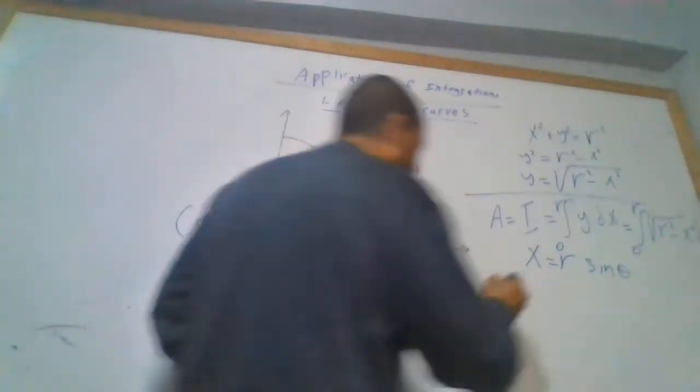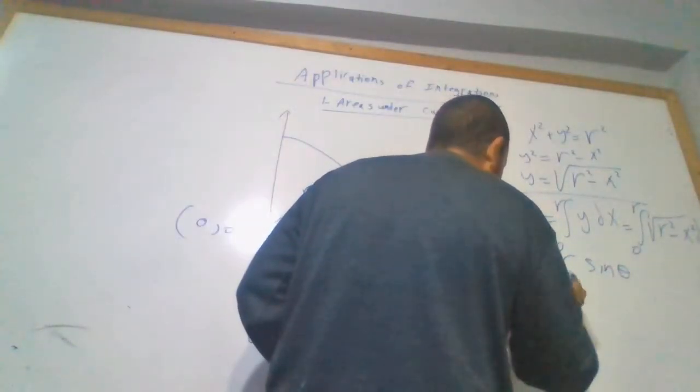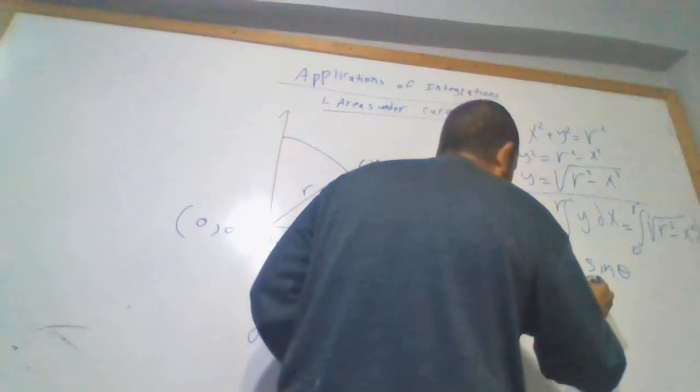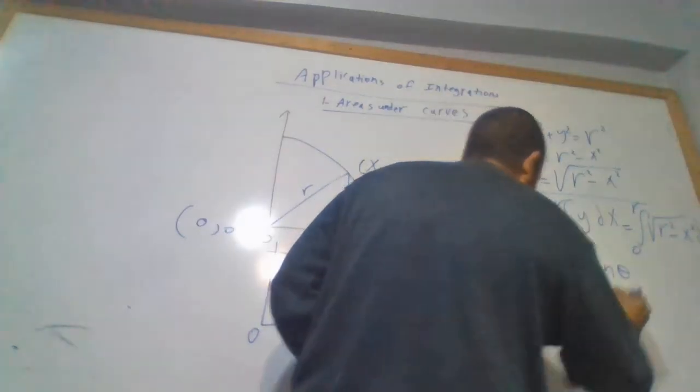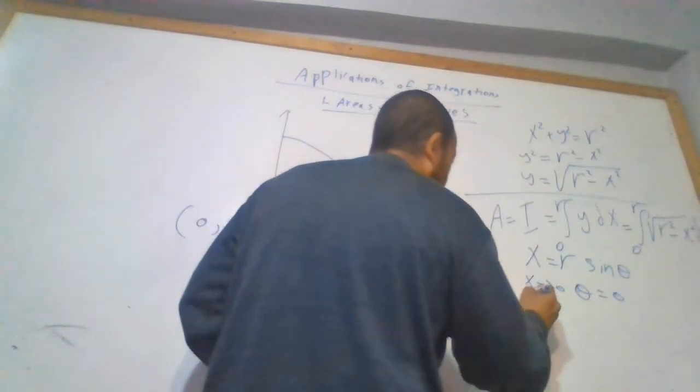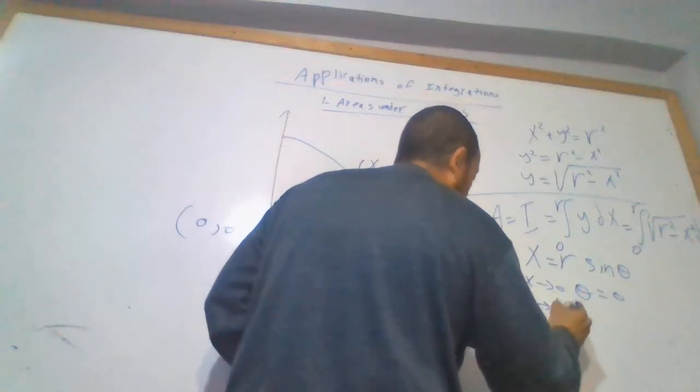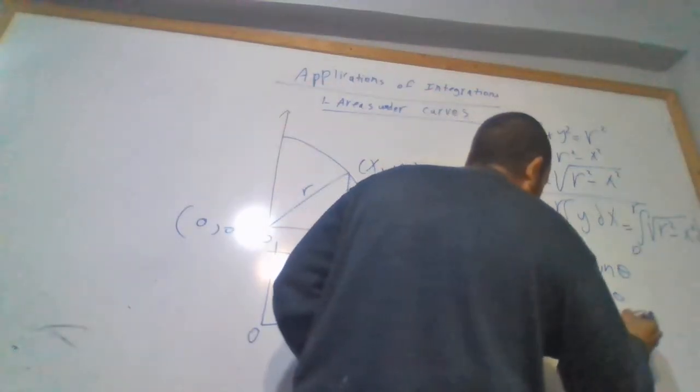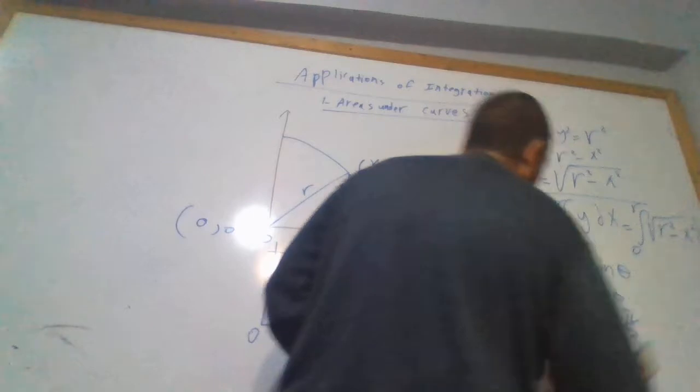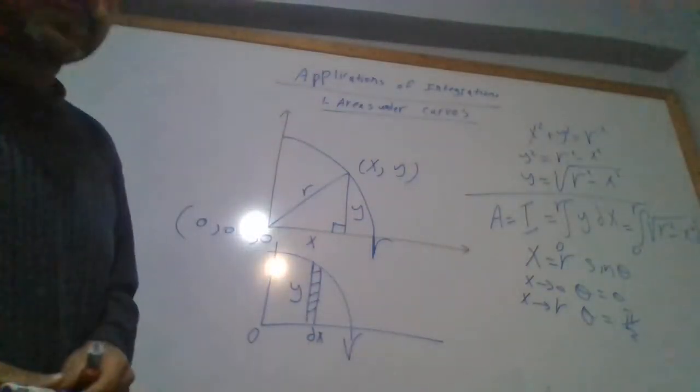When x tends to 0, theta tends to 0. When x tends to r, theta equals pi over 2. You see?